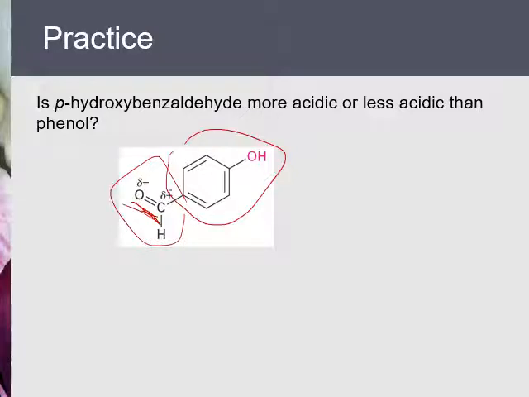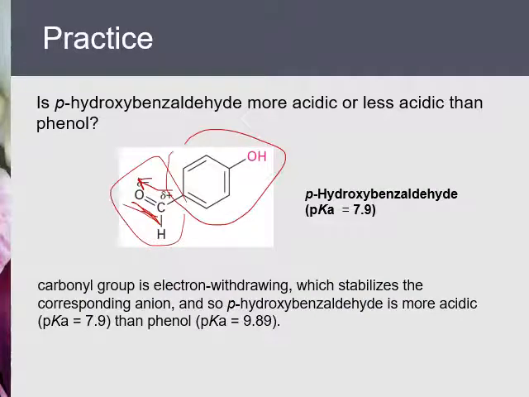It can take electrons away due to the oxygen, and an electron withdrawing group should make phenols more acidic. It turns out the pKa is 7.9, compared to 9.89 for phenol itself. Note that if you add an electron donating group, such as an alkyl group, that will make the molecule less acidic than phenol itself.